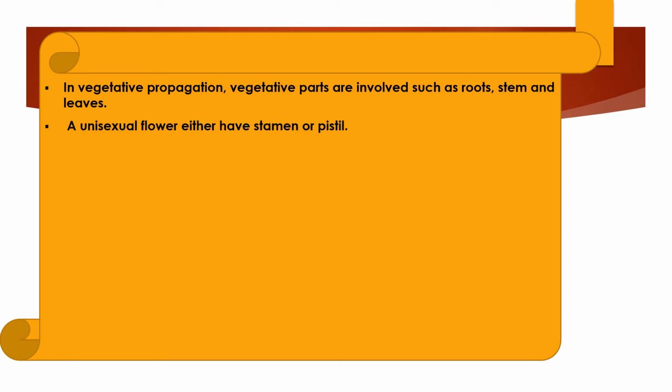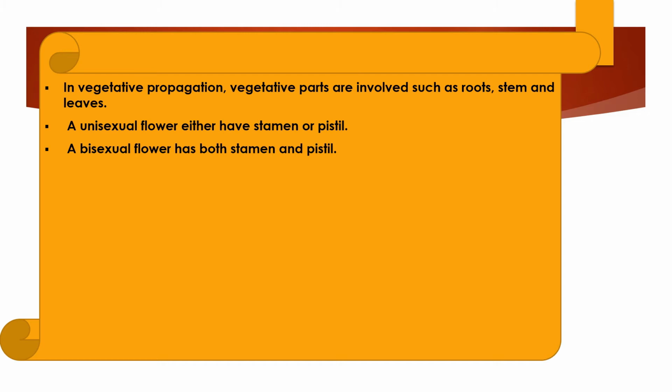A unisexual flower has either stamen or pistil. A bisexual flower has both stamen and pistil. As we have already discussed in our interactive session, a flower has two reproductive organs, that are stamen and pistil.